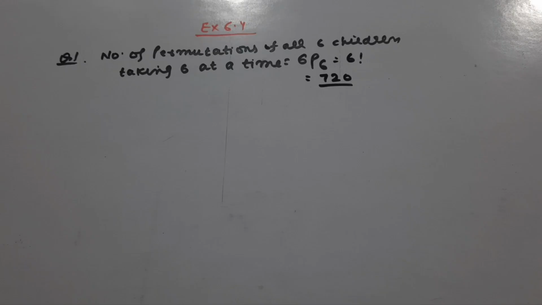Right students? So it means there are 720 ways in which 6 children can stand in a queue.